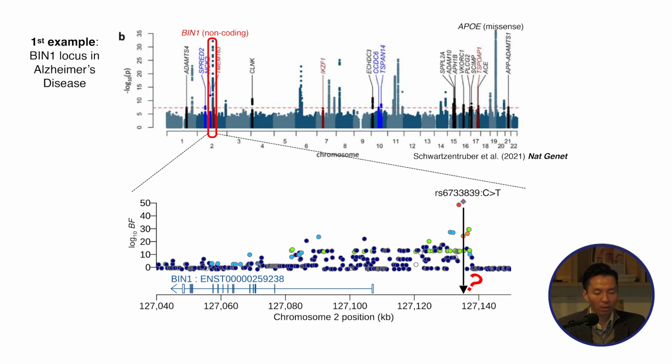If we look at the location closely, the highest association is attained by this SNP, and underneath there's no coding sequence. The SNP is upstream of the BIN1 gene, and this SNP is a non-coding SNP.